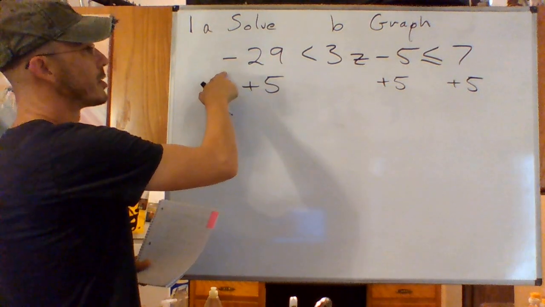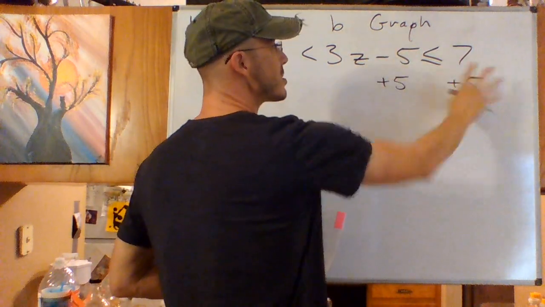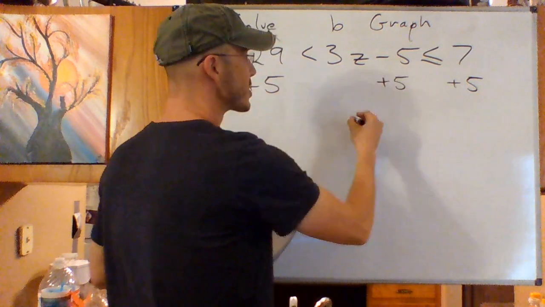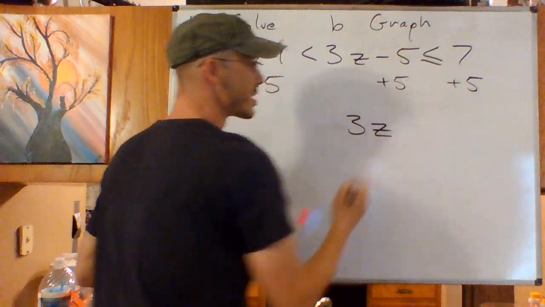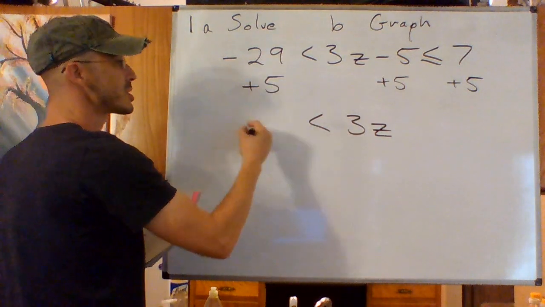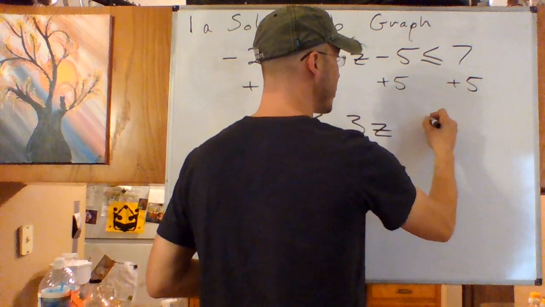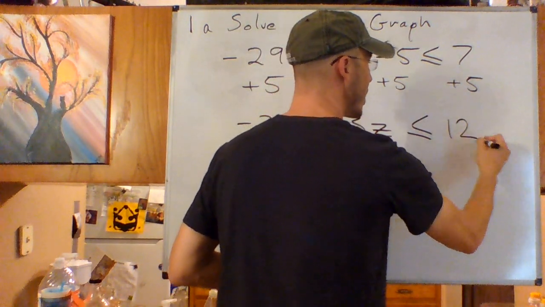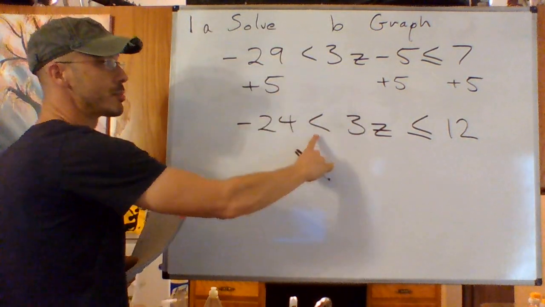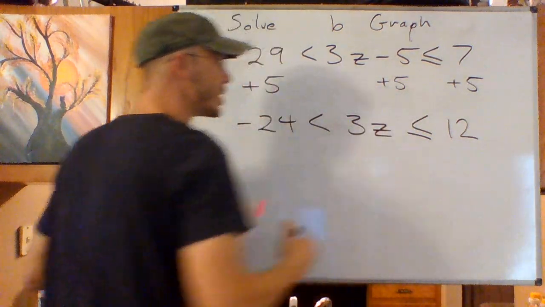So I add 5 to all 3 sides, because -5 plus 5 gives me just 3z. Over here, -29 plus 5 is -24, and over here 7 plus 5 is 12. I've just got the same symbols, less than here and less than or equal to here.